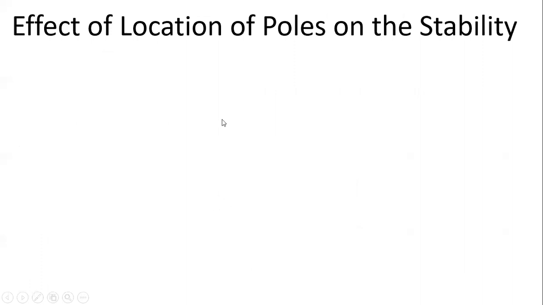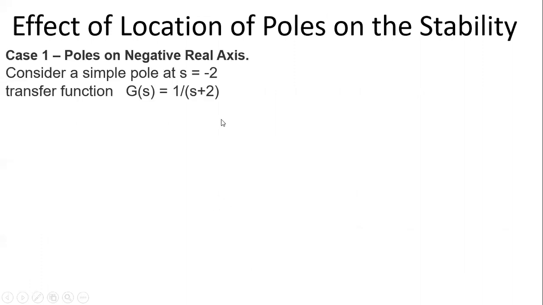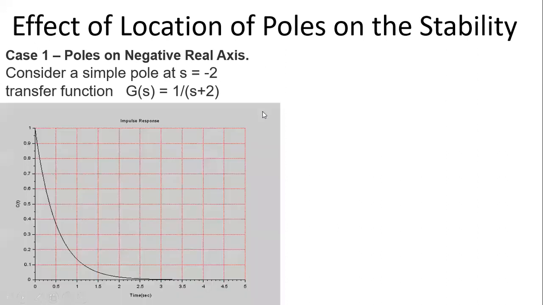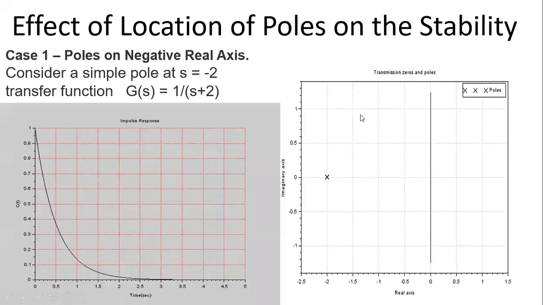Then the effect of the location of poles on the stability. If you take poles on the negative real axis, consider a simple pole at s = -2, then the transfer function becomes G(s) = 1/(s+2). And this is exactly what we have: s = -2 here.